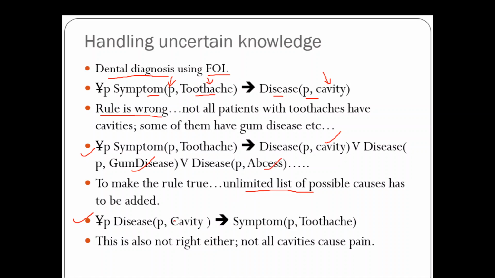So for all p, if the person p is having the disease cavity, then it implies that the person p is having toothache. So this says that whenever someone is having a cavity, they have a toothache. Again, this is also not right, because not all cavities cause pain. Somebody may have a cavity and still not have toothache, right?